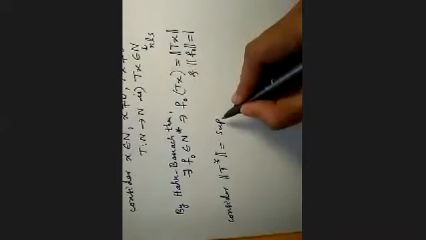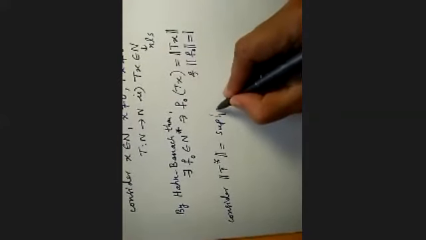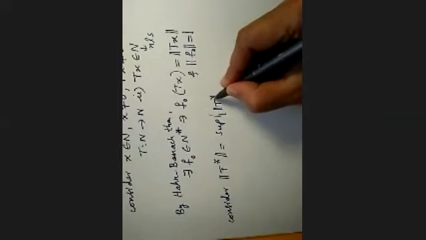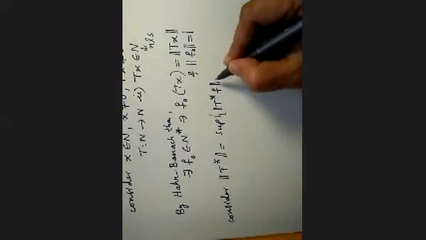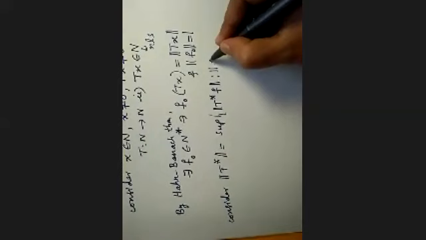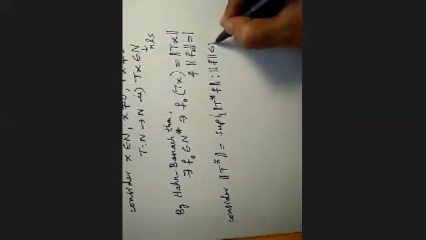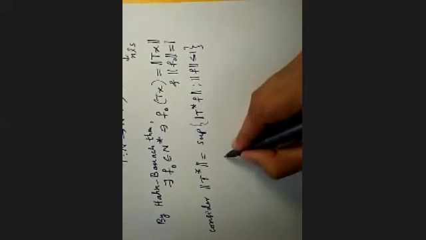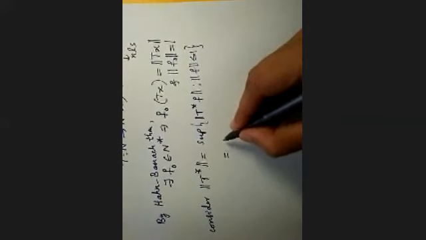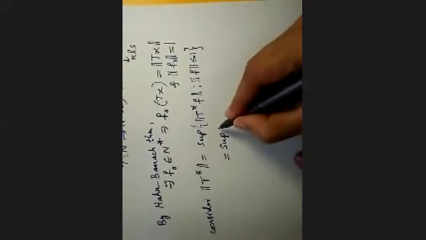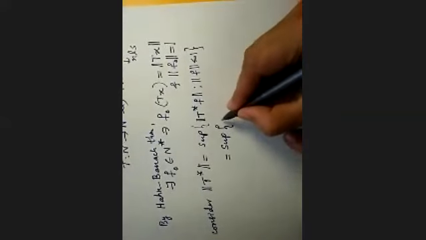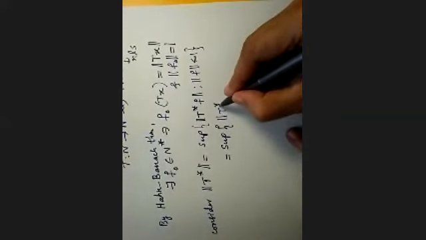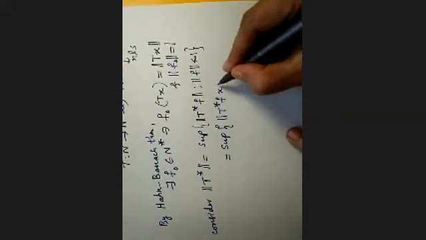Now again I consider norm T star. What is norm T star? It is the supremum of norm T star f such that norm f is less than or equal to 1. That is equal to the supremum of norm T star f of x.